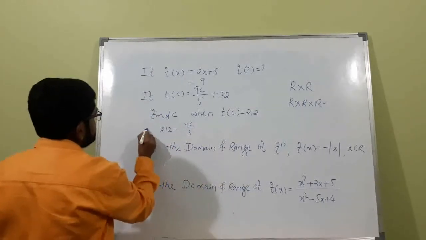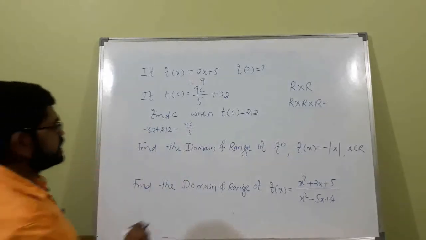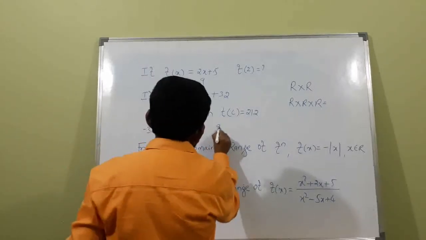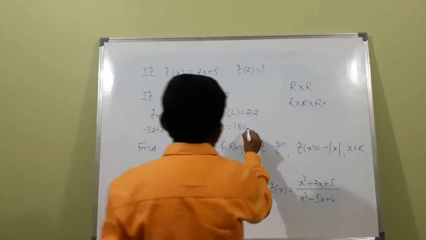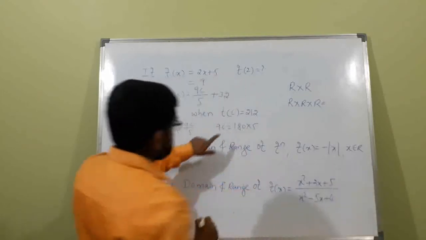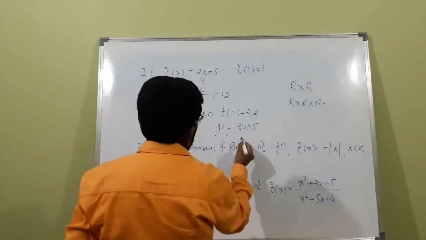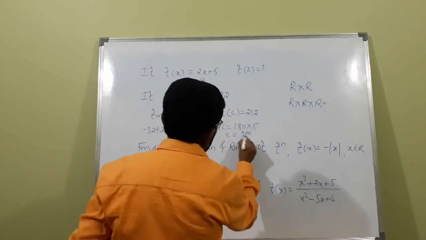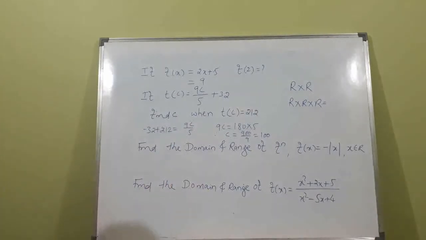If you bring 32 over as minus 32, that will be 180. So 9C is equal to 180 into 5, that is 900. So C is equal to 900 divided by 9, which is 100. So 100 is the answer.